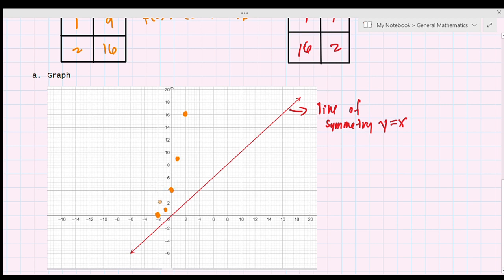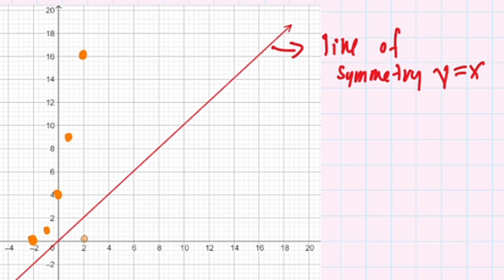We have inverse of a function, we start with 0 and negative 2. Dito siya. Then we have negative 1 and positive 1. So we have positive 1 and negative 1 right here.